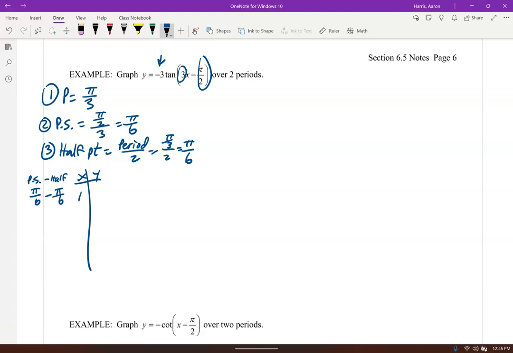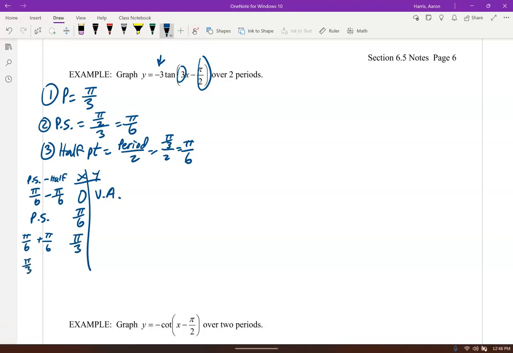So in this case, I actually want to start at 0, and that'll give me a nice vertical asymptote right there. If I plug it in, you'll see that's undefined. And then I go with my phase shift, pi over 6. And then I'll go up from there the half point. In this case, the half point's pi over 6 as well. So pi over 6 plus pi over 6 is 2 pi over 6, or pi thirds.